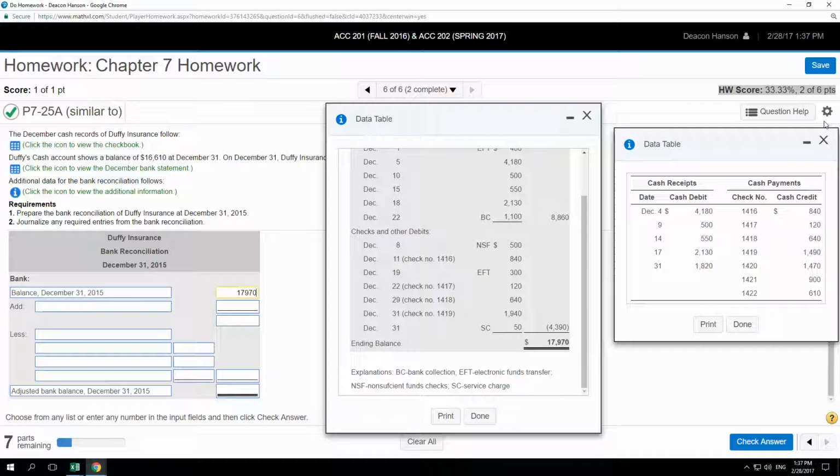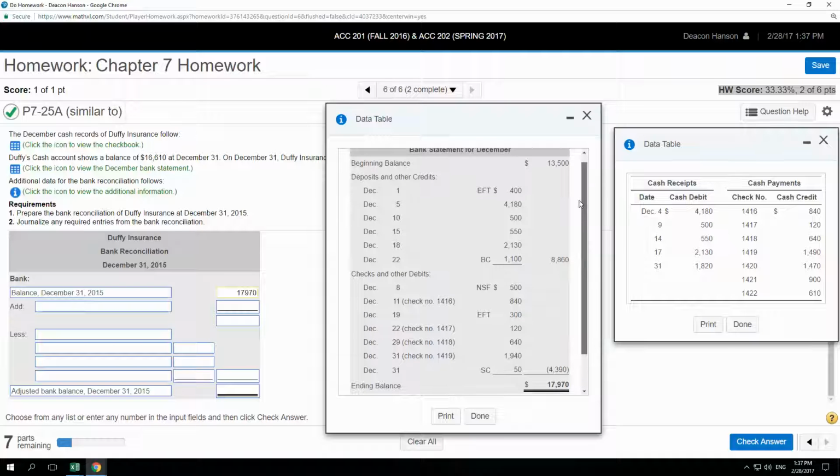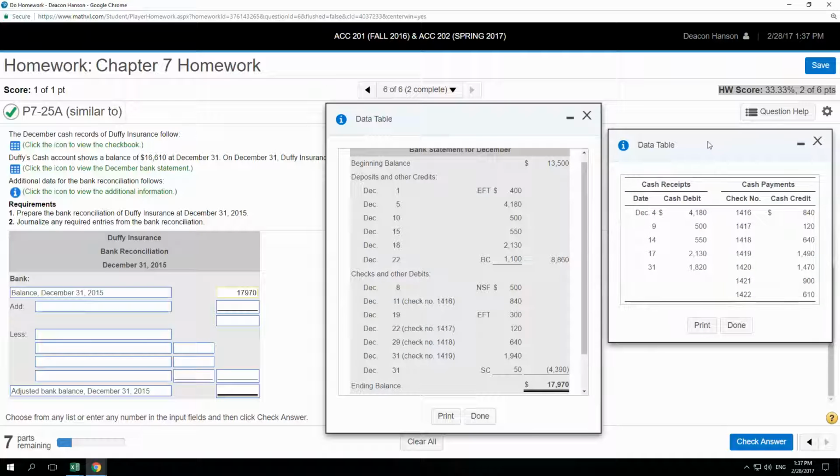$17,970. Okay. Now our job is to make sure that we capture everything on the bank reconciliation that's showing in the books but is not showing on the bank statement. So we're comparing our book data, our accounting record data, which is over here, to the bank statement's information.